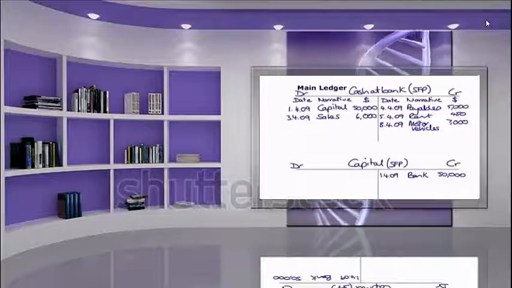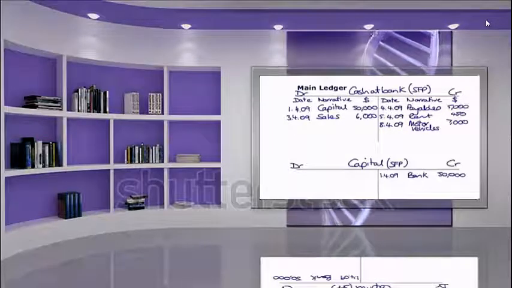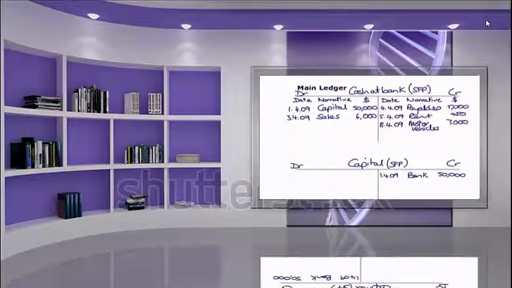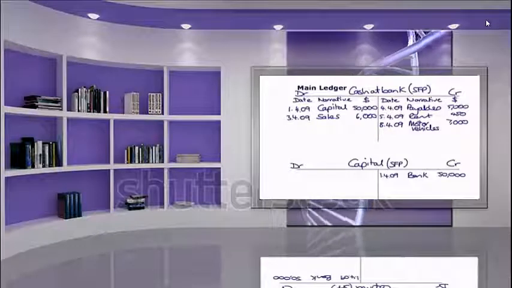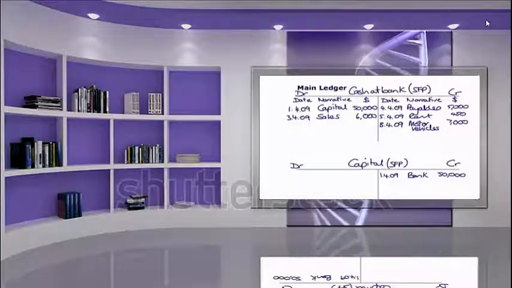Now at the minute, if you look at your ledger accounts from this example called George, you will see that actually these ledger accounts don't tell you an awful lot. Essentially it's just a list of numbers on either the debit or the credit side, or both of some of these accounts.